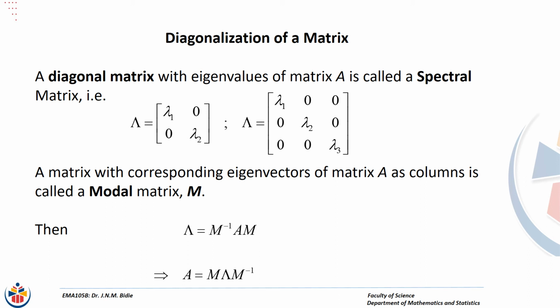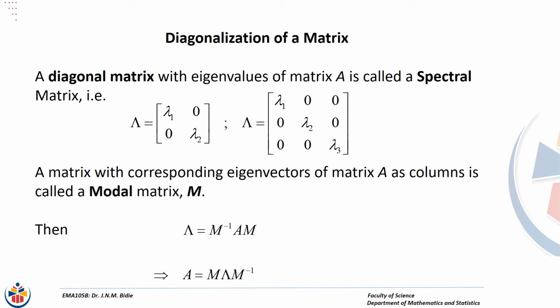Eigenvector corresponding to lambda 2 must be in column 2. Eigenvector corresponding to lambda 3 must be in column 3. So the model matrix must place the eigenvectors in the same order as given by the spectral matrix. Hence eigenvectors always correspond to the particular eigenvalues of a matrix.